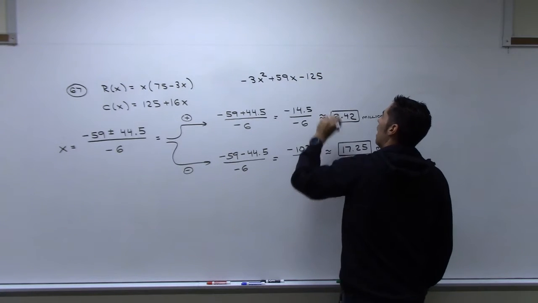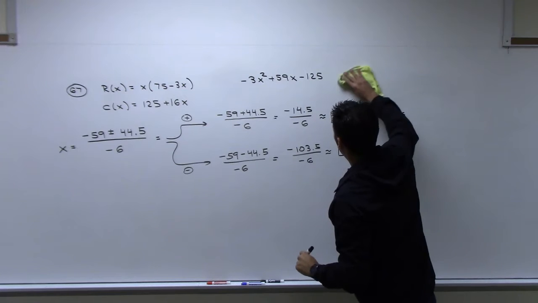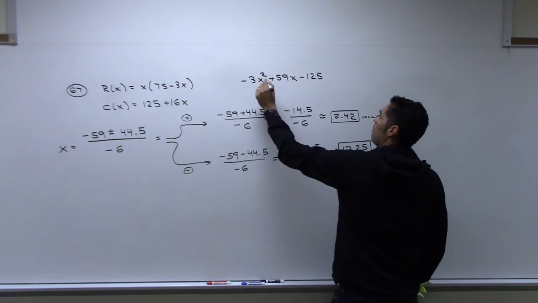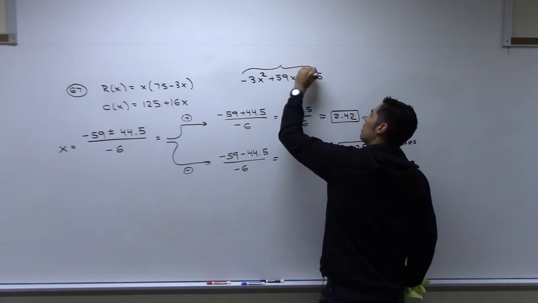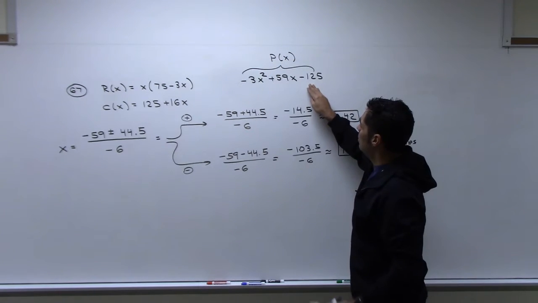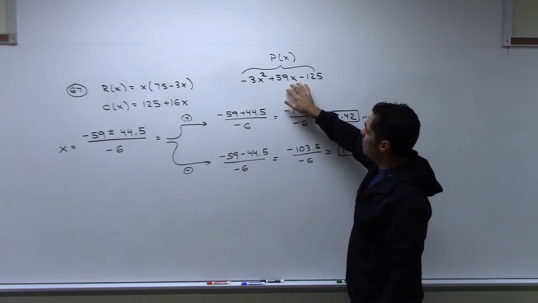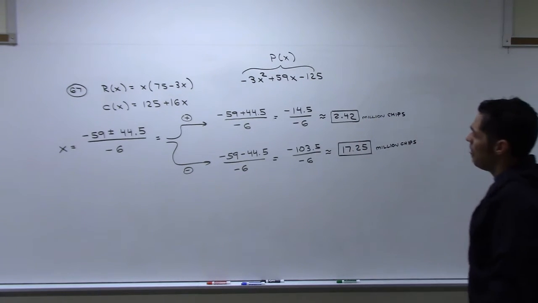And then we had set that equal to 0. Well, without setting it equal to 0, this by itself is profit. That's our profit function. It's revenue minus cost. Of course, setting it equal to 0 gives us our break-even points, but by itself, this is our profit function.